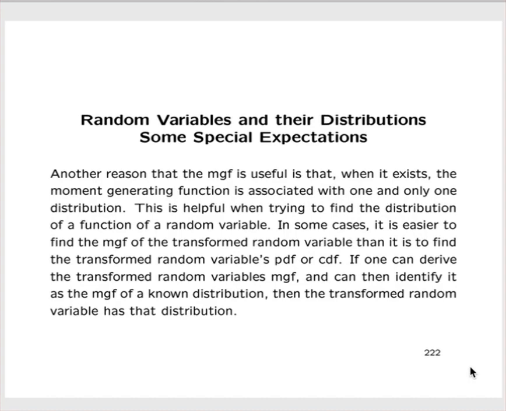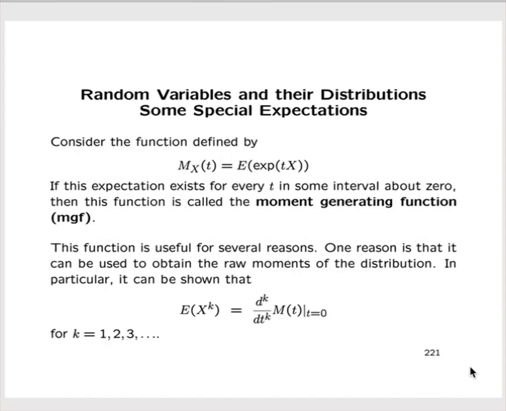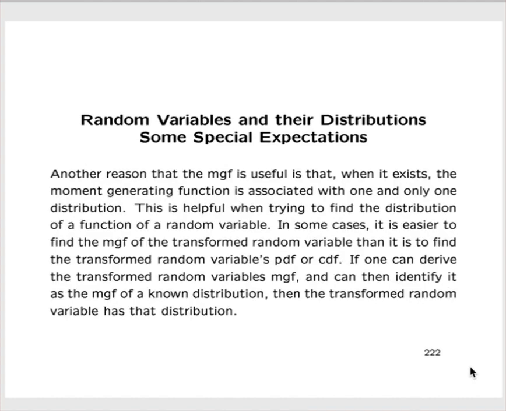So there are two uses for the moment generating function. First is to use it to generate the raw moments. The other use, and this may be even more important from a theoretical standpoint, is that in some cases it allows us to identify the distribution of a transformed random variable.